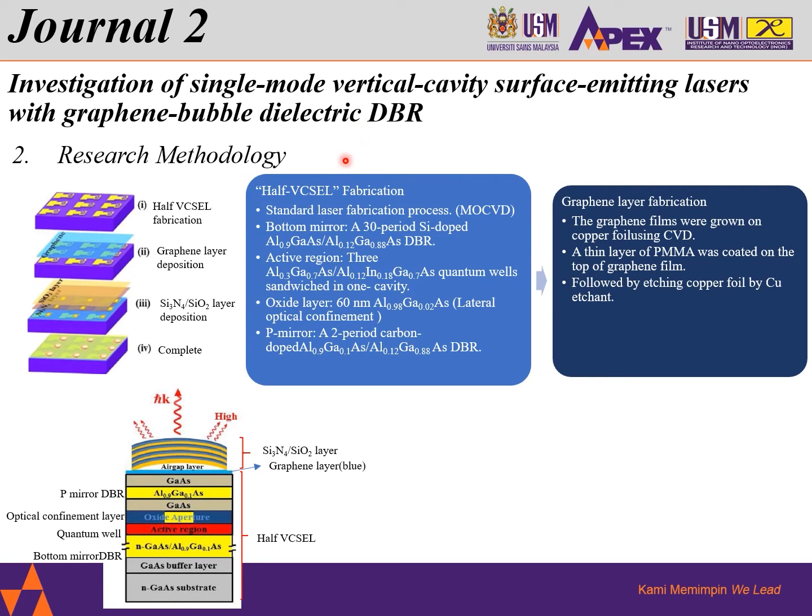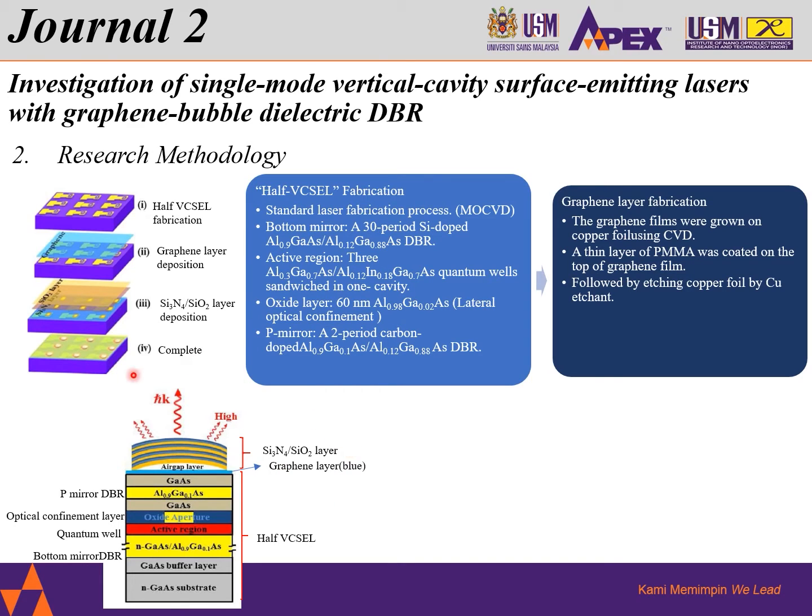It can be summarized into 4 main steps, which are half VCSEL fabrication, graphene layer deposition, silicon nitride and silicon dioxide layer deposition, and then complete. For the first part, half VCSEL fabrication.